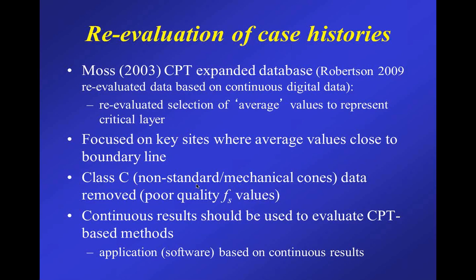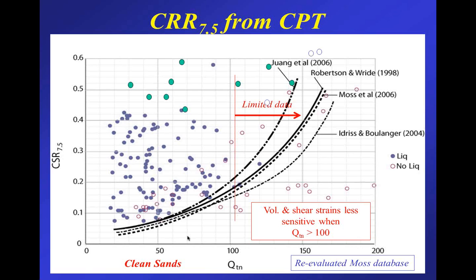And so I felt that it was not fair to include that data. So I removed that data, and it does influence the correlation a little bit. And then also I looked at the continuous digital data to evaluate the selection, and I used software to help do that. And so this is the resulting plot.